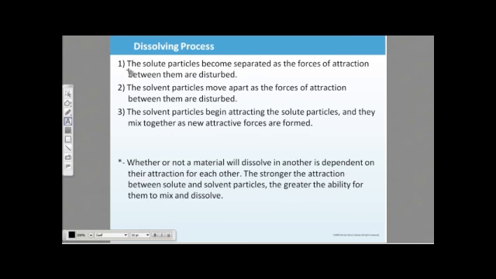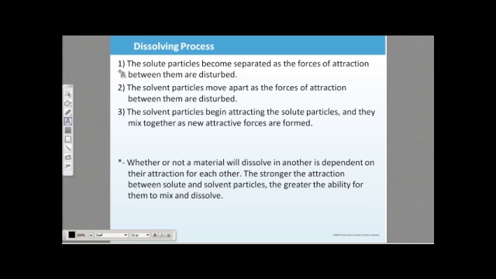Okay, so again, let's just talk about that dissolving process for a moment. On the molecular level, there's a lot of things happening, but we can categorize it into 3 steps. First, when you add the salt to the water, the solute particles are going to separate, because the solvent particles begin to collide with them and cause their attraction for each other to be broken.